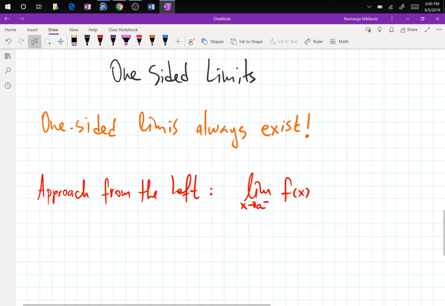This minus is in the same spot like if you are to write a squared, and instead of squared you put a minus sign. So it's a superscript, right? Subscripts are down, superscripts are up, right? So it's like a square, but instead of square you put a minus sign. So that's the approach from the left. You are using the notation x approaches a minus.